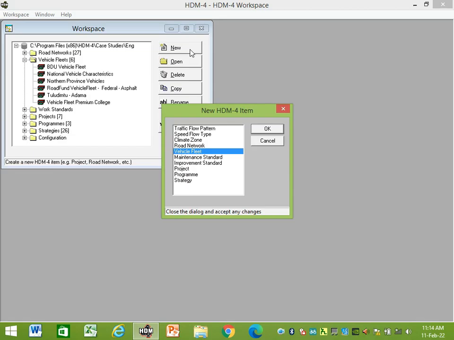Existing, it's a gravel road, but for the future we are expecting it to be improved, provided that it's a viable project. So let's have improvement and maintenance. So new, improvement, let's open as a new one, improvement.